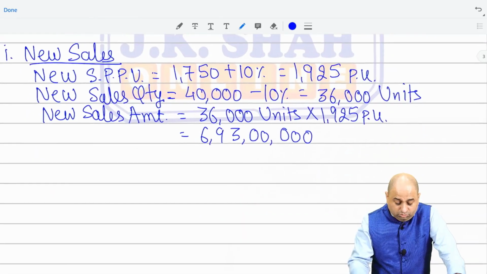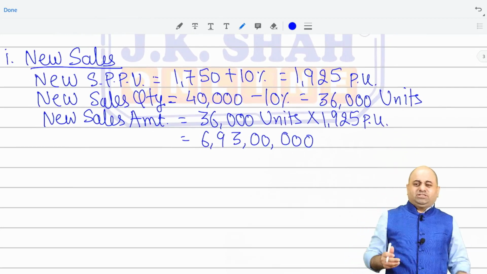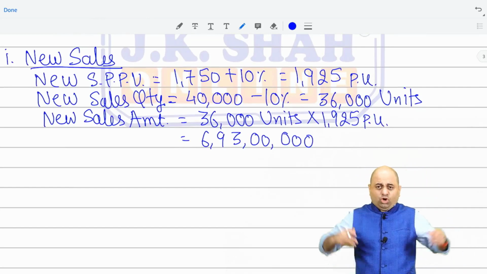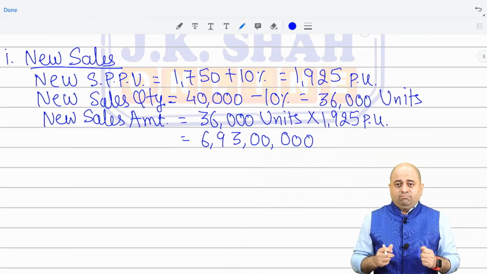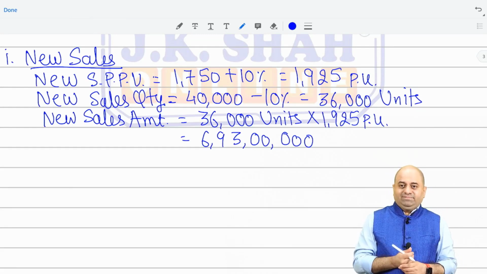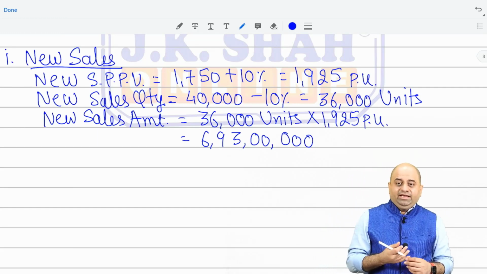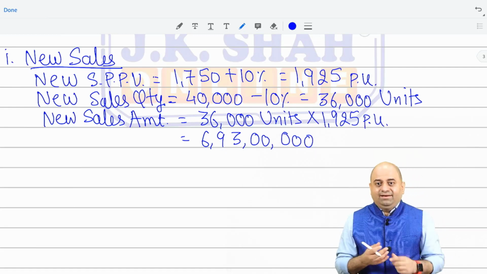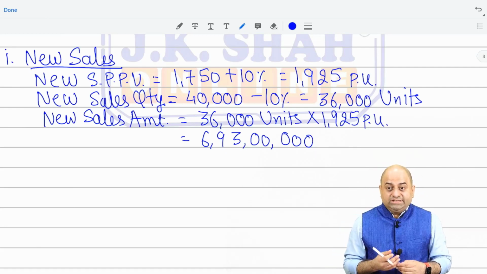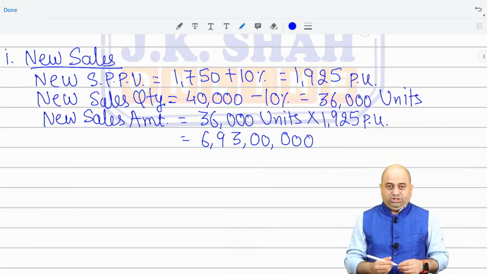Now, per unit variable cost will remain the same. They have not asked to change it. It cannot change per unit. My point is different. My point is that if per unit variable cost is remaining the same, still total variable cost will change because quantity is changing.